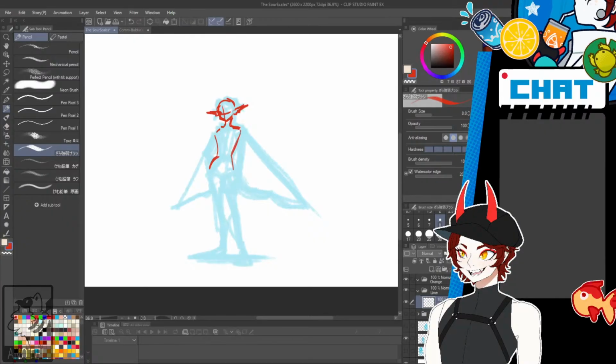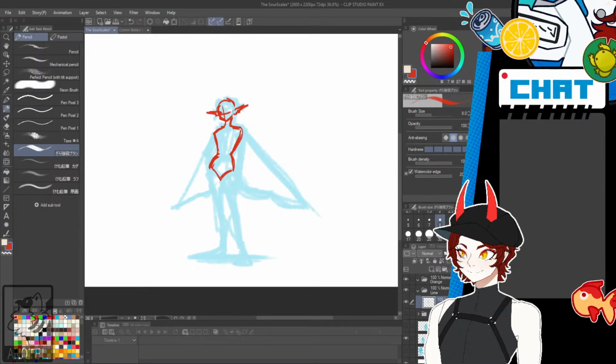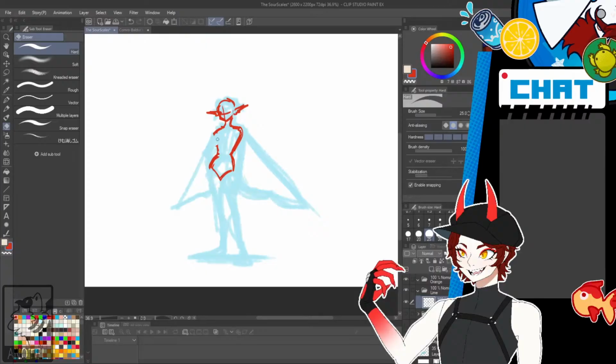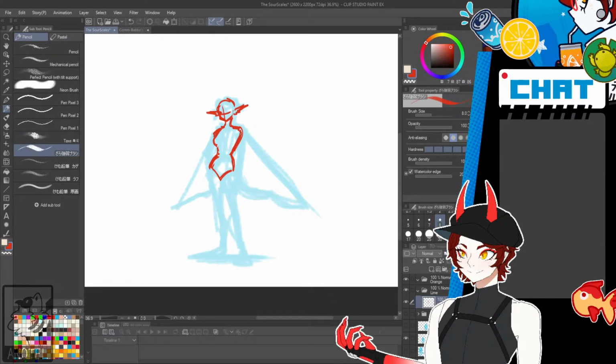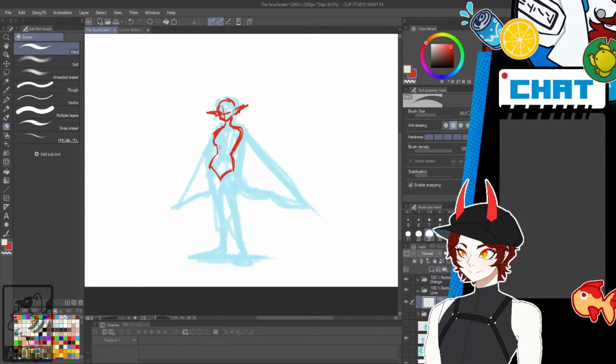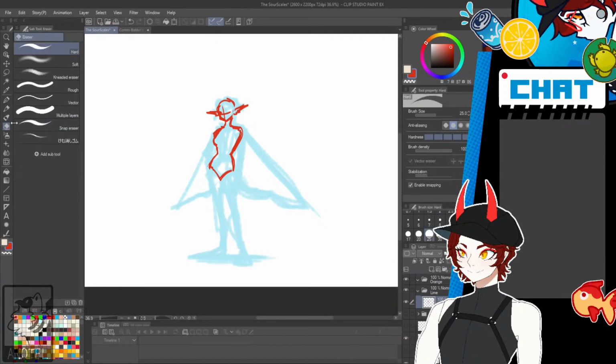Let's go with maybe more masculine wear. Masculine wear, but their body type is what we would typically consider at least leaning feminine.